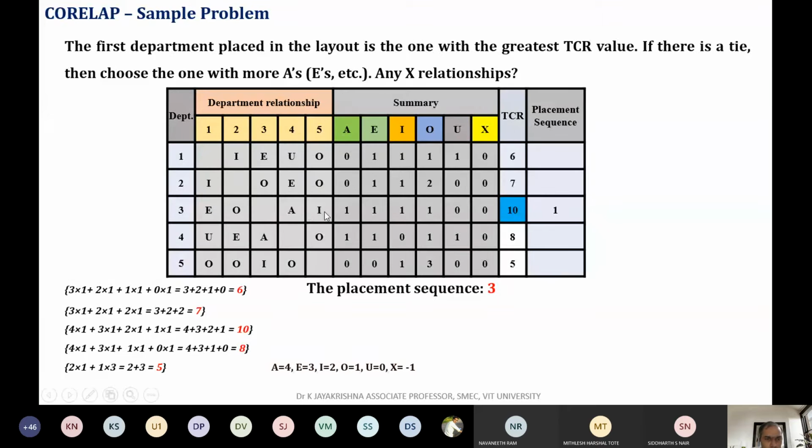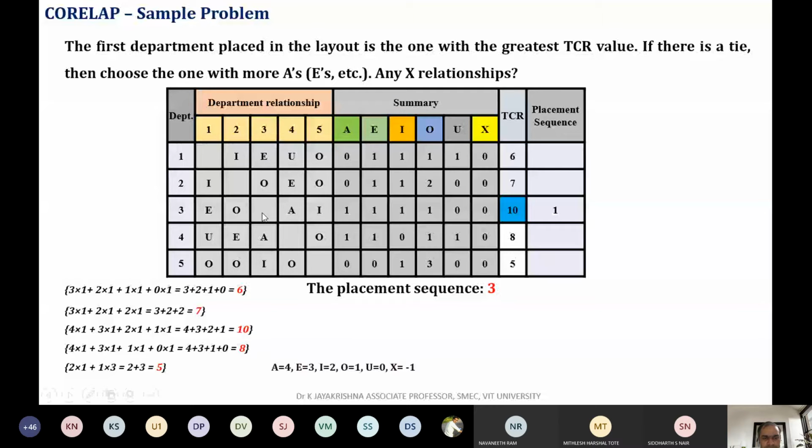When I walk through this row, I find that department number 4 is sharing an A relationship with department number 3, correct? So obviously I should place department number 4 as the next department. Am I clear?